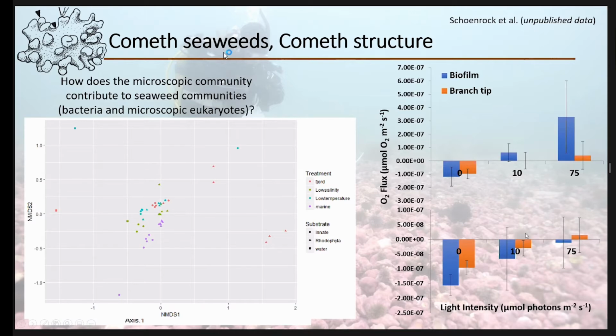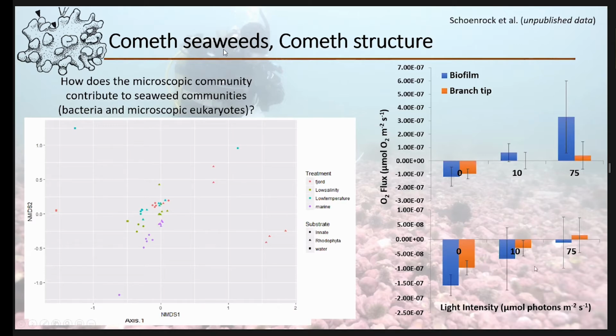And if you have no light in the system, they're naturally producing no oxygen, they're uptaking. So it's a net uptake of oxygen. That makes sense because without light, you can't really do photosynthesis and produce oxygen. But they're taking up more oxygen in the axenic communities. So without the biofilm, they use up more oxygen.